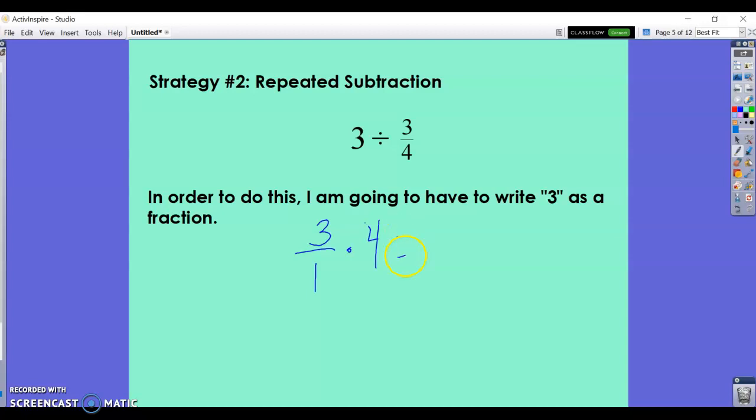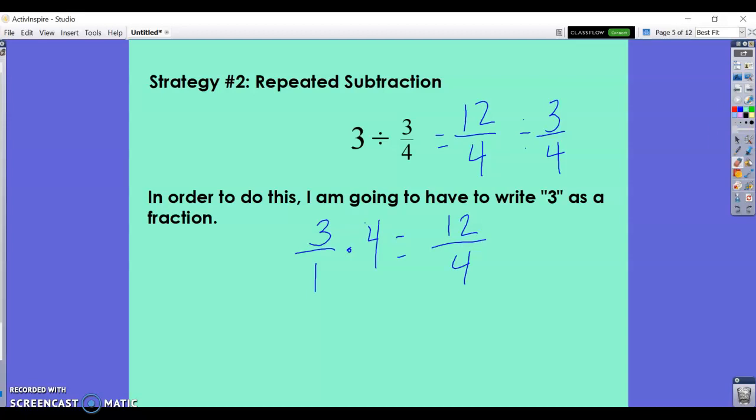So if I multiply 3 times 4, that gives me 12. And if I multiply my denominator by 4, that gives me 4. So now, instead of 3 divided by 3/4, I can rewrite this as 12/4 divided by 3/4. And I can use repeated subtraction to solve my problem.